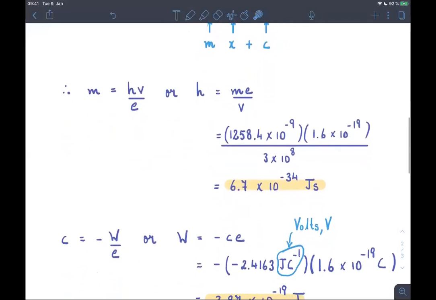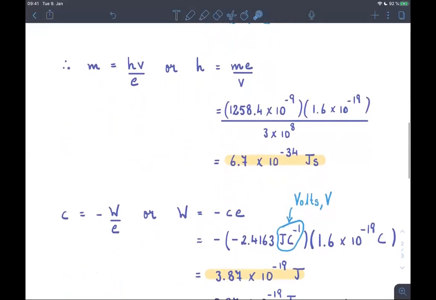All I've done is to make h subject of the formula and then substituting with the value of the gradient. I've taken care to adjust the units here, since we were still in nanometers. This is the electron charge, and this is the speed of light.